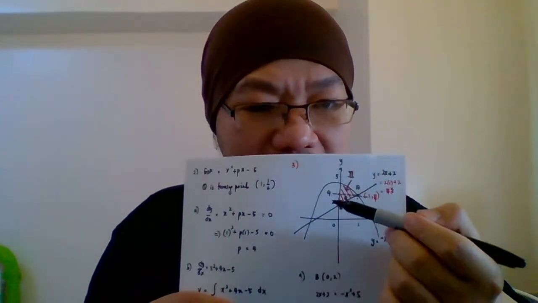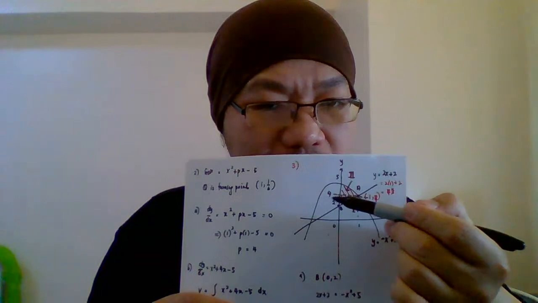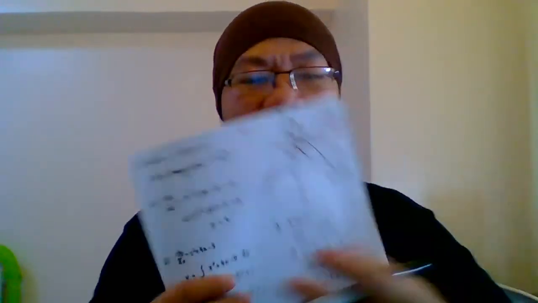So 1 over 2 times the width. The width is 4 minus 2, which is 2, and the height is 1. So for question B, first region, 1 over 2 times 2. How do I get 2? Because 4 minus 2.